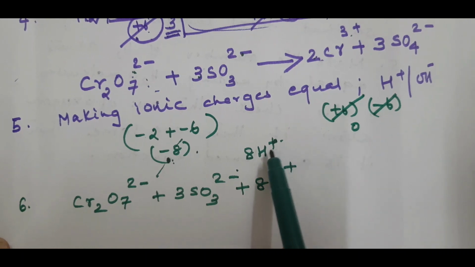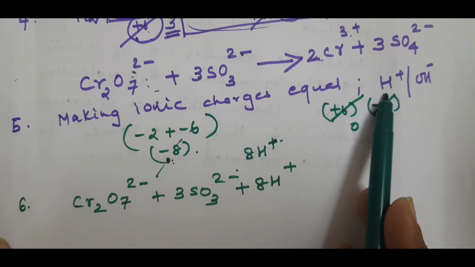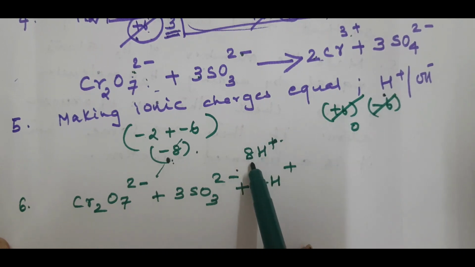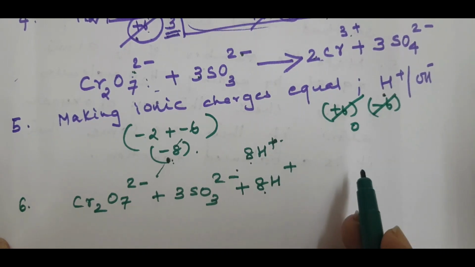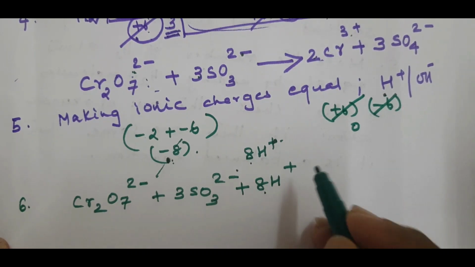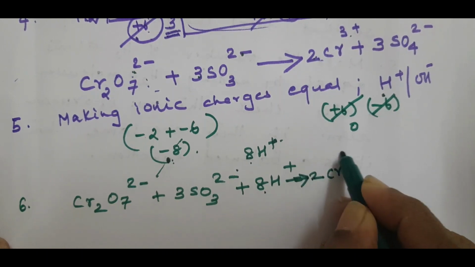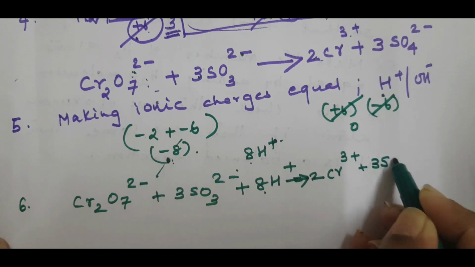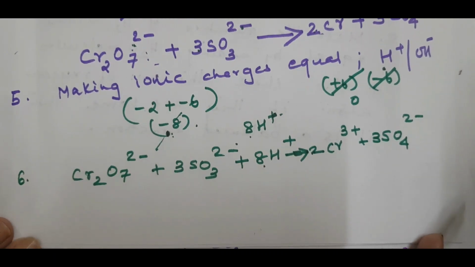Since it is acidic medium, I have to add H plus ion so that minus 8 and plus 8 cancel out and form 0. The RHS is anyway 0. So that is equal to 2Cr3 plus 3SO4 2 minus. Is it clear?